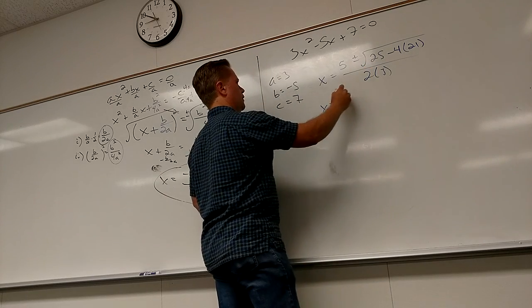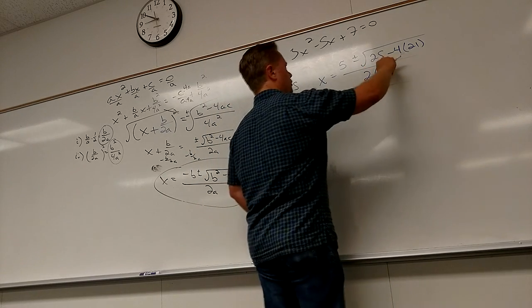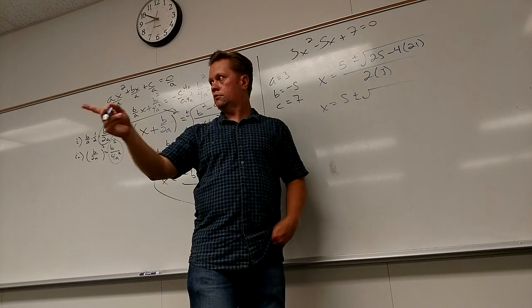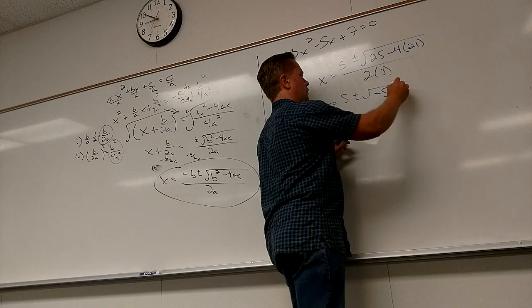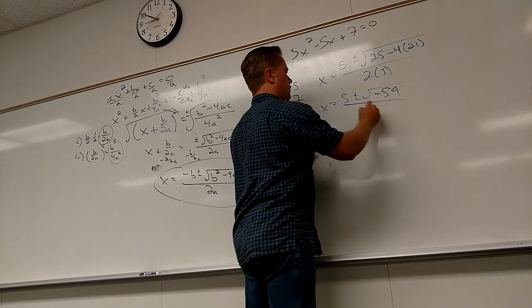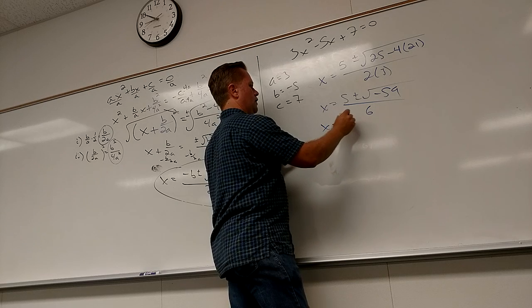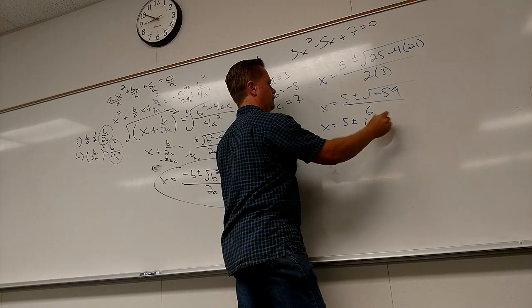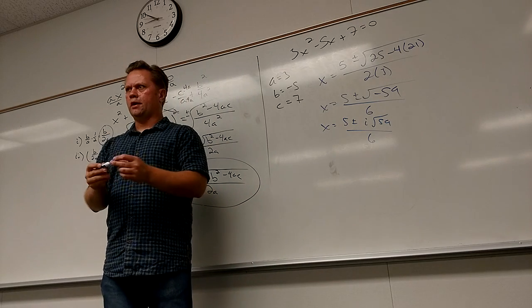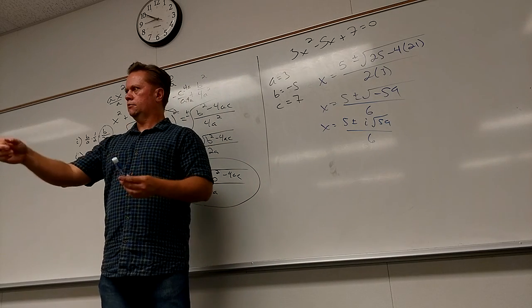So we get 5 plus or minus the square root of 25 minus 84 over 6, which is 5 plus or minus i root 59 all over 6. If you look back in your notes, it's the same thing we got before.